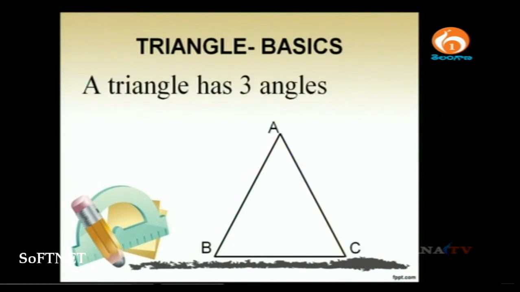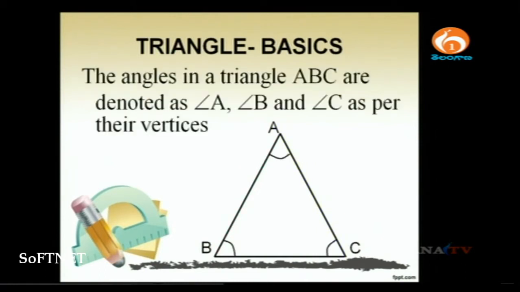The next, a triangle has 3 angles. The angles in a triangle ABC are denoted as angle A. To denote an angle, you should make this representation of angle. Therefore, this is called angle A, angle B and angle C as per their vertices.